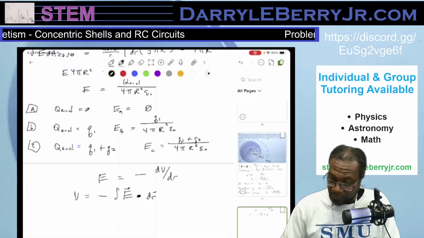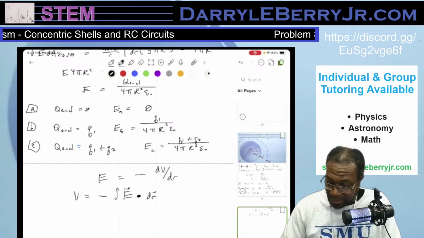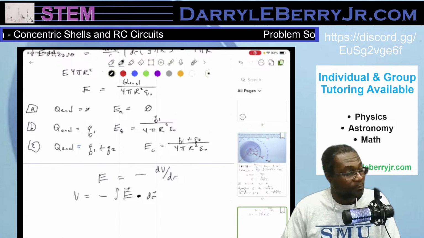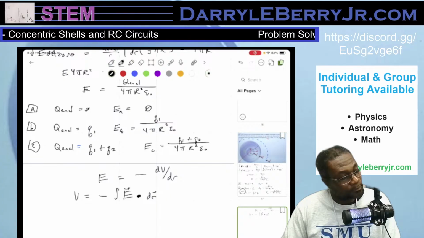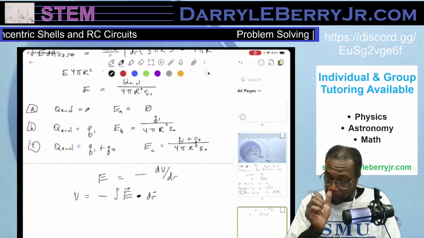And the electric field ends up being the vector from the first problem. The electric field is going radially outward.